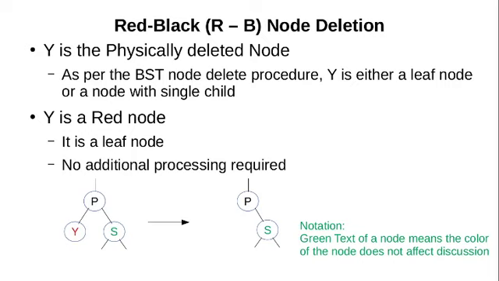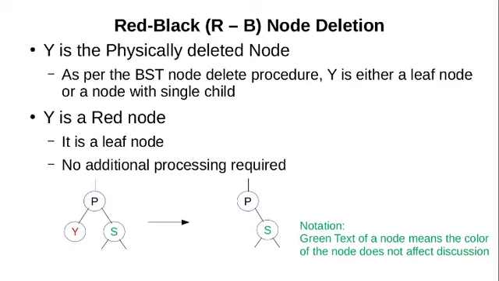Now we explore various cases of node deletion in a red-black tree. Let Y be a physically deleted node. As per the binary search tree node delete procedure, Y is either a leaf node or a node with a single child. We start with a simple case when Y is red. In this case, Y cannot be a node with a single child. Y must be a leaf node, that is a node with only nil children.